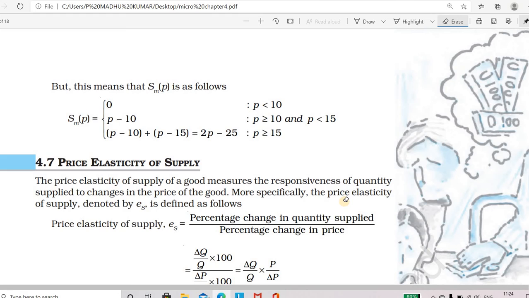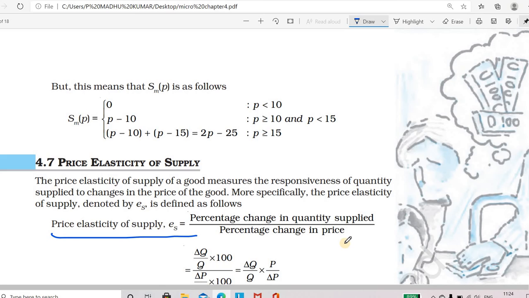If price decreases, they will sell less quantity. Then we can measure the price elasticity of supply as percentage change in quantity supplied divided by percentage change in price.